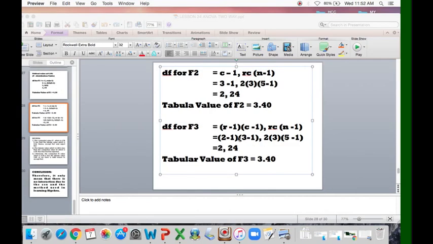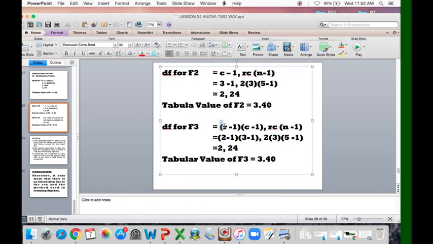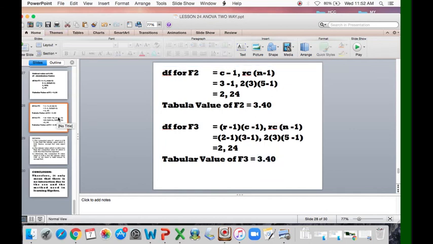And for this one, we have the formula for the DF3, which is R minus 1 times C minus 1. The same formula for the denominator. So we have 2 minus 1 times 3 minus 1, and that's equal to 2. And then for this one, we have, of course, 24. So same with F2, F3 has a tabular or critical value of 3.40.